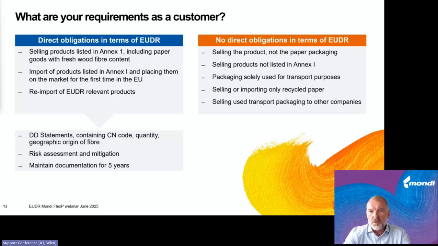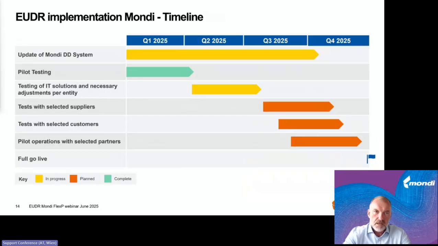Packaging solely used for transport purposes. Selling and importing only recycled paper, again that's the note about the fresh fibers. And selling used transport packaging to other companies, typically pallets. So then these are the cases when there is no obligation any longer.